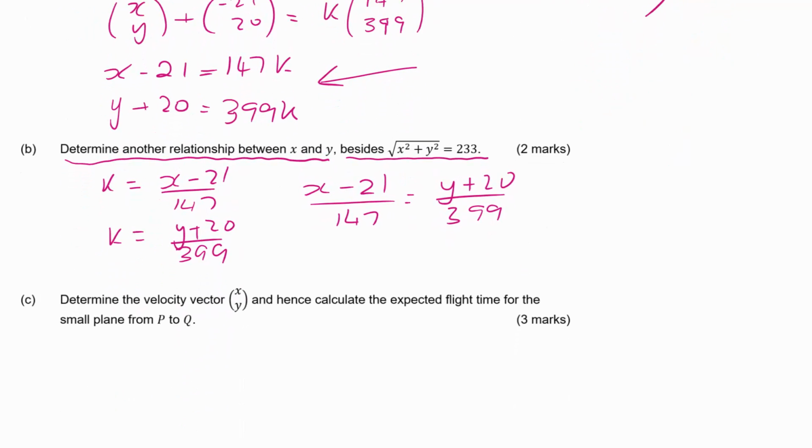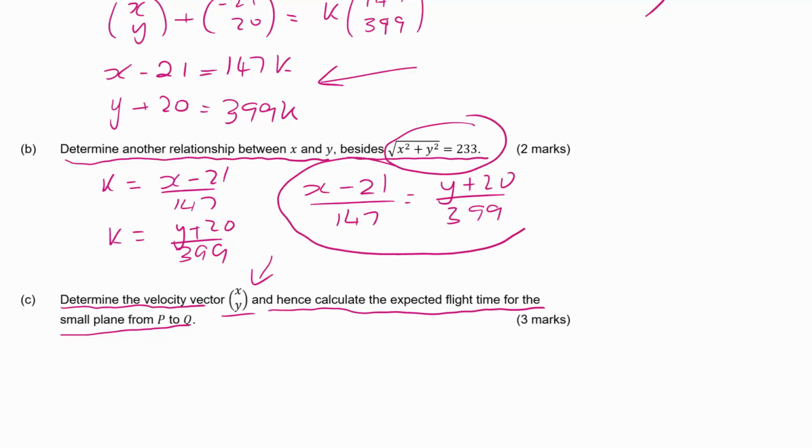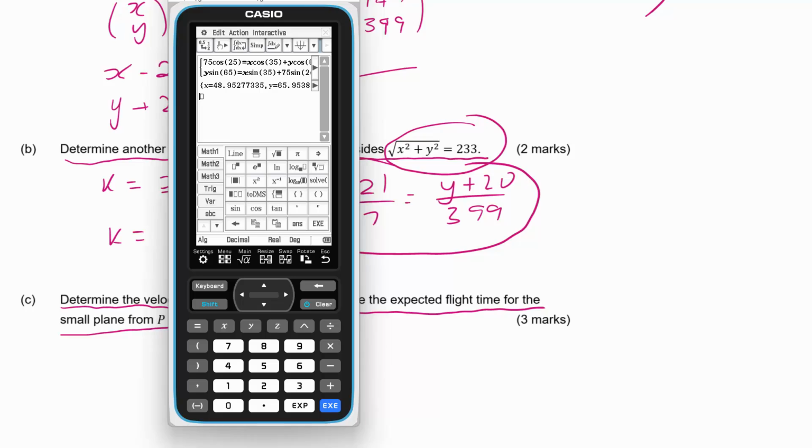So we now want to determine the velocity vector (x, y) and hence calculate the expected flight time for the small plane from P to Q. So we can find x and y using these two equations. We can just solve them simultaneously on the ClassPad.